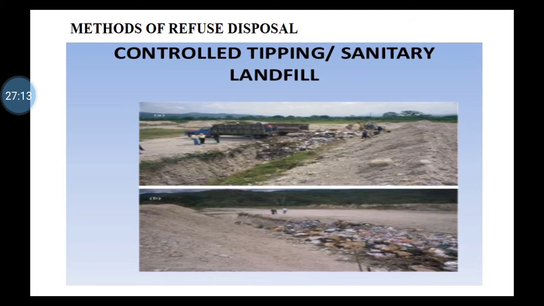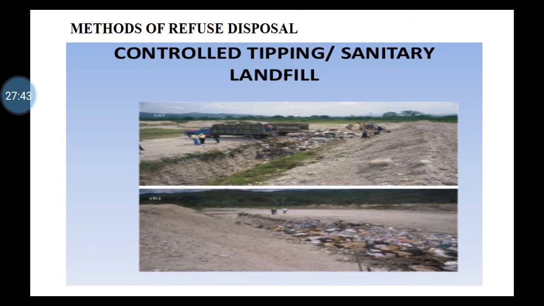Now it is left as such after covering with earth for 6 months. During this period, bacteriological changes take place, and whatever refuse is there gets converted into manure. This manure can be used in agricultural fields, and these trenches can subsequently be used again.